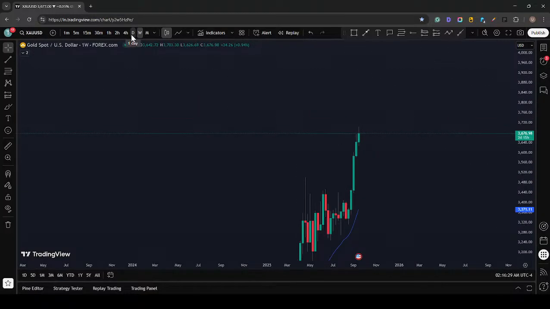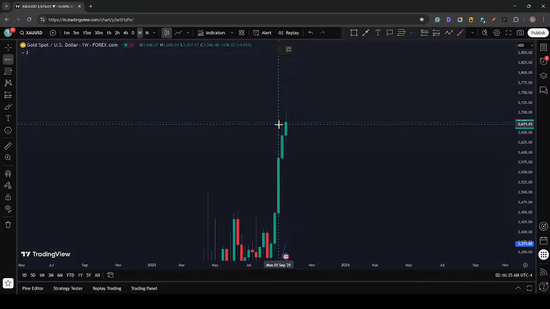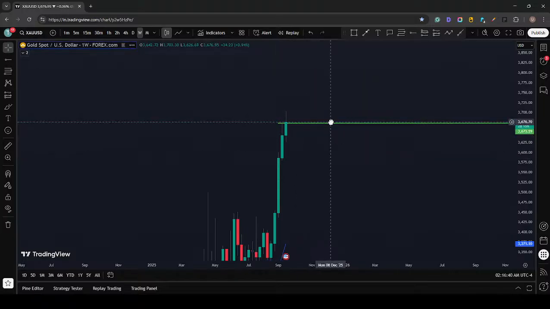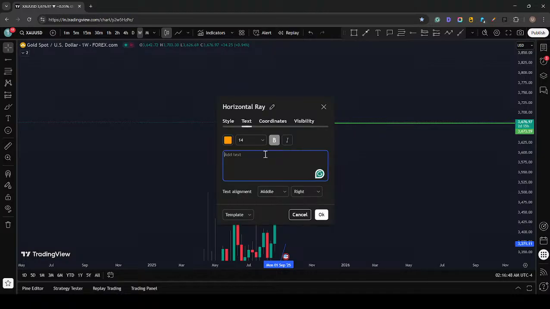Weekly, nothing. Pushed up, coming back to the previous weekly level. I will mark it as a WSR. I mark it as a WSR.